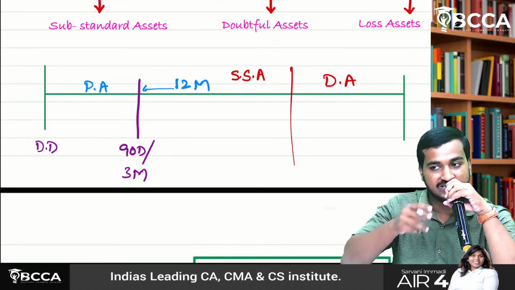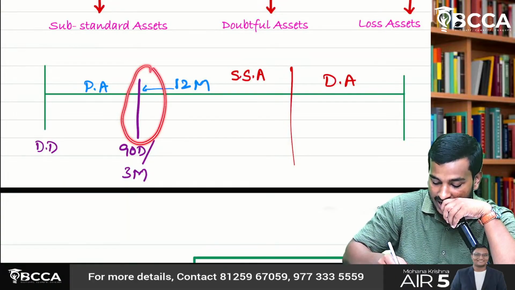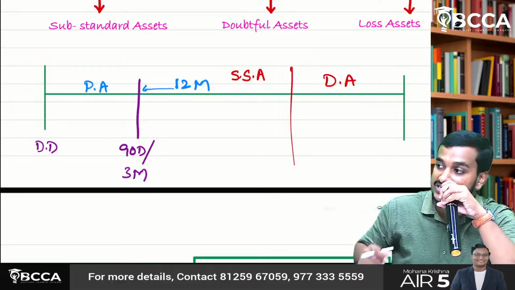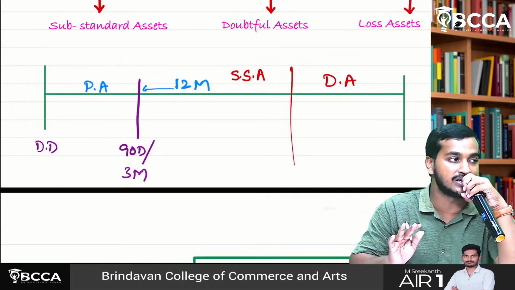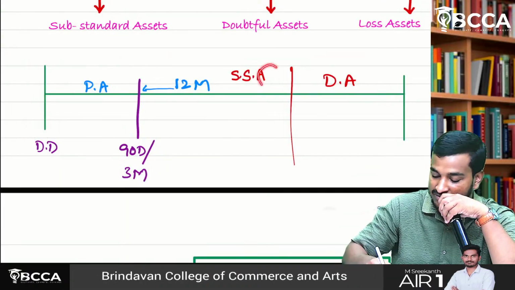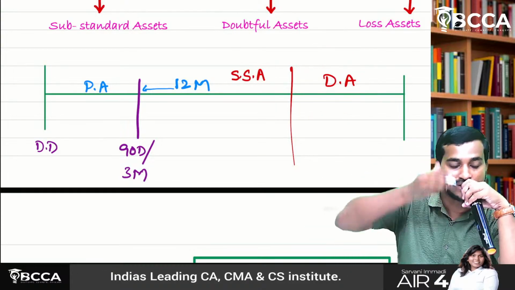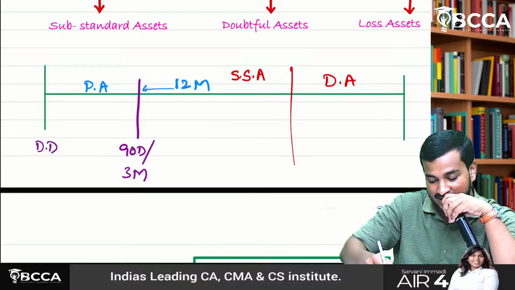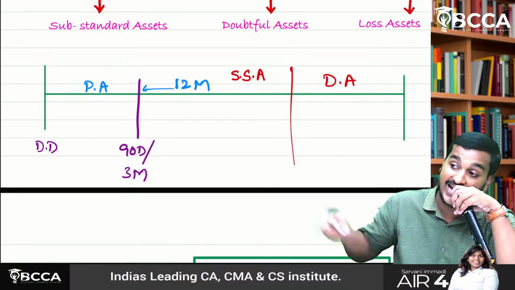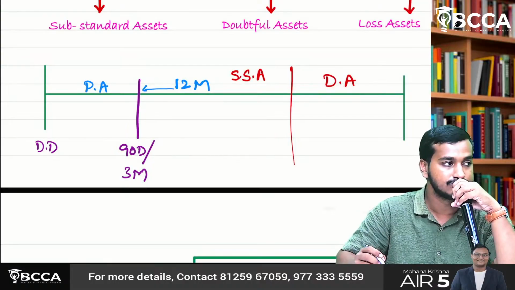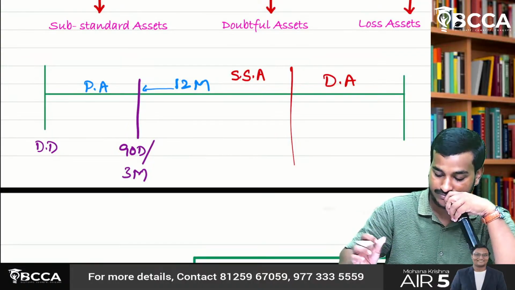Generally the provision says from NPA onwards 12 months only. But they will twist the question like from due date 15 months. People will think 15 months means more than 12 and write doubtful asset. That is not correct. If they are asking from due date, 15 months is substandard asset only. If they are asking from NPA, 15 months means doubtful asset. It will cross the line. Are you getting my point?